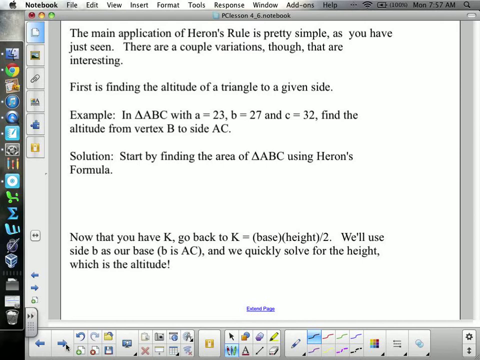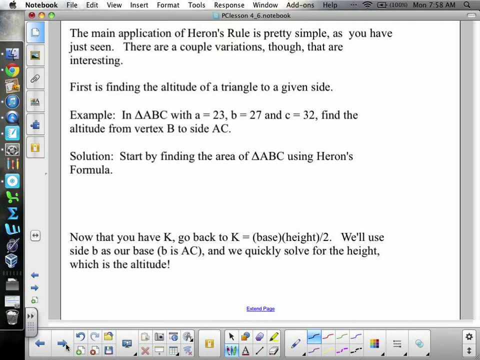To find an altitude in the triangle, one way is by starting with the area, because we know area is base times height divided by 2. That's our most basic formula from like sixth grade, right? And the height is the altitude. So if we know the area and I know the base, I can find the height. That's pretty easy.